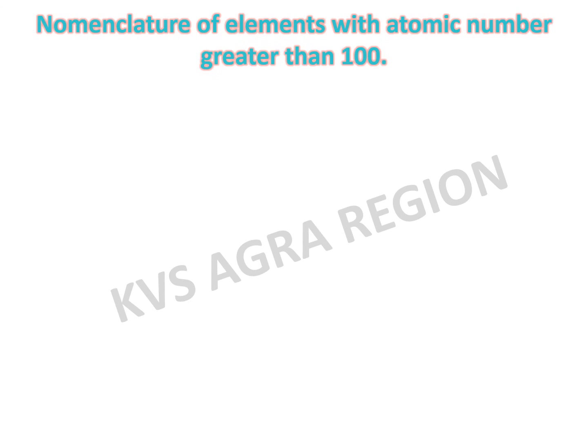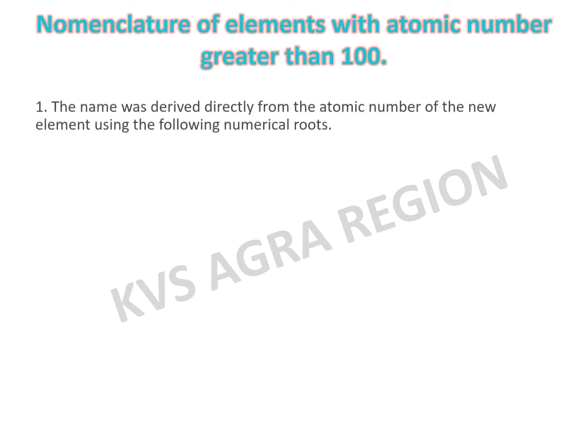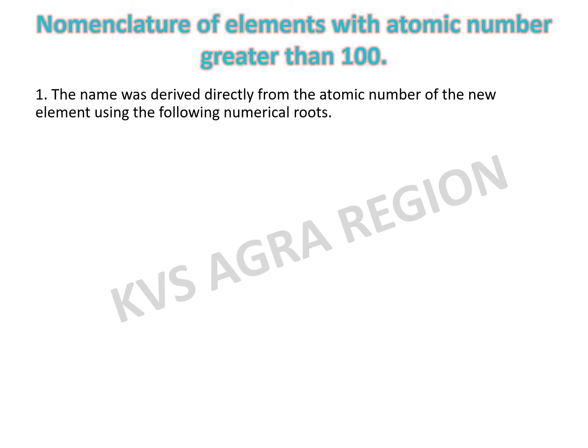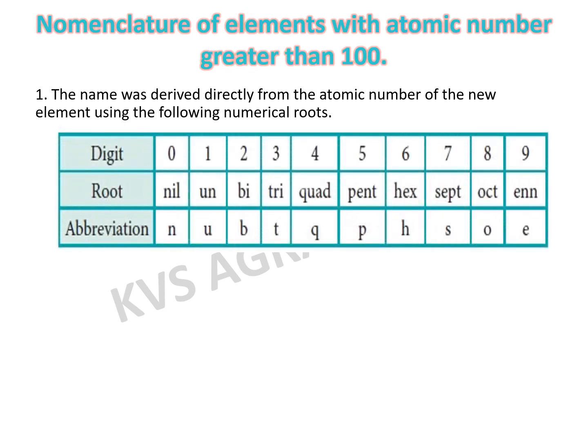Nomenclature of elements with atomic number greater than 100 can be done by using the following rules. Number 1. The name is derived directly from the atomic number of the new element using the following numerical roots. From this table, we can see there are digits starting from 0 to 9.